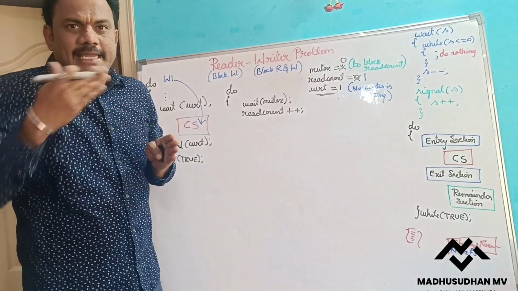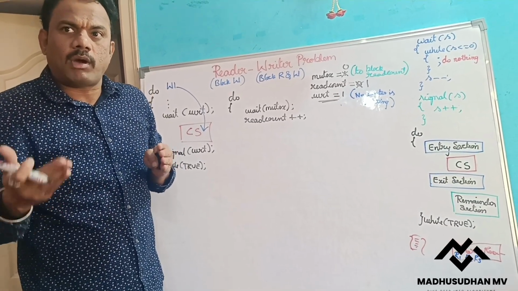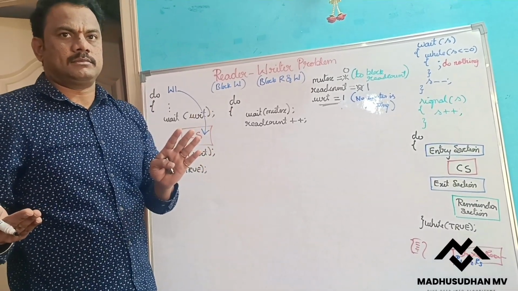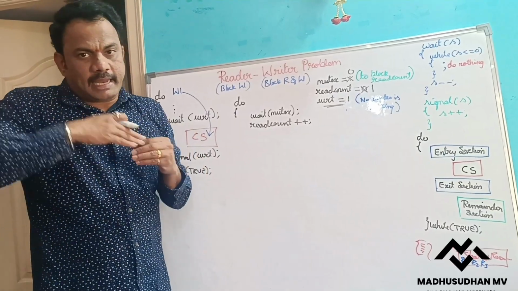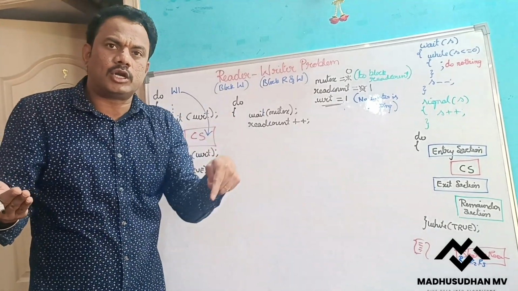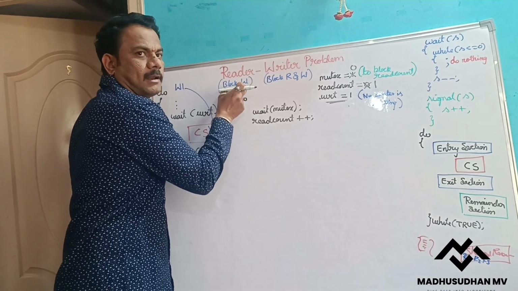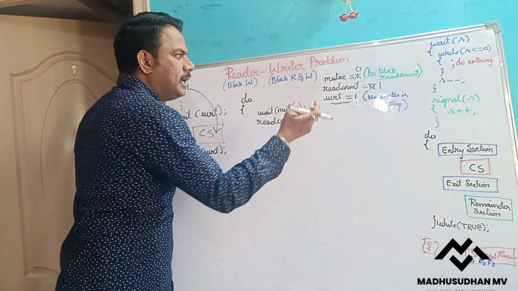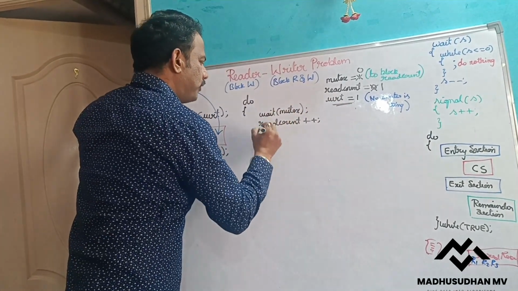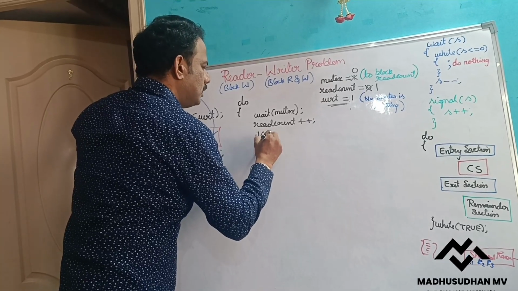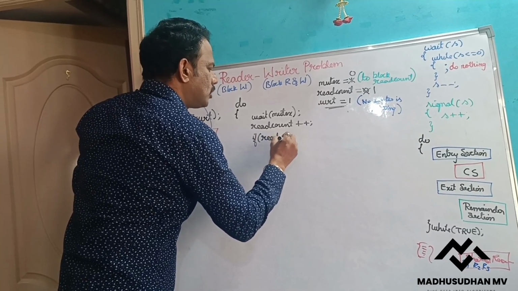But once I get in and I am reading, I can allow other readers. But when I entered, can I allow a writer to write? No, I should block the writer. That's what the reader has to do, block the writer. To block the writer, it has to acquire this. For that, I check if read count is equal to 1.